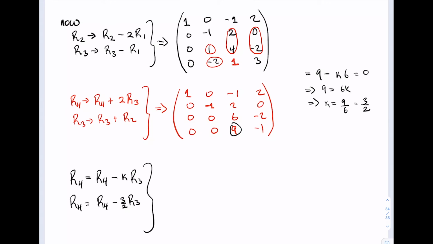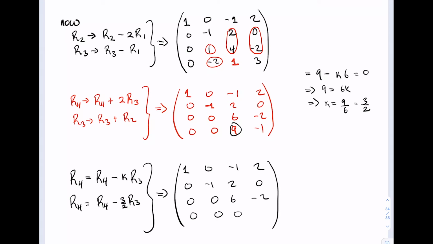So if I perform this set of EROs, I'll end up with 1, 0, minus 1, 2, 0, minus 1, 2, 0, 0, 0, 6, minus 2, 0, 0, 0. And I just need to figure out this last term, which should be what? Negative 1, right? Minus 3 over 2 times minus 2, right?